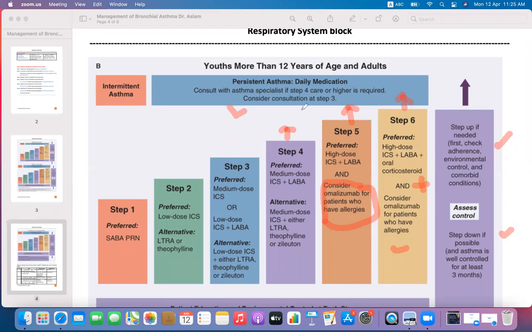So if asthma is controlled for 3 months, the patient can step down from step 6 up to step 2 to minimize the adverse effects of drugs. So these are the main differences between the medications used for the management of persistent asthma in 3 age groups: 0 to 4 years of age, 4 to 11 years of age, and more than 12 and adults group.